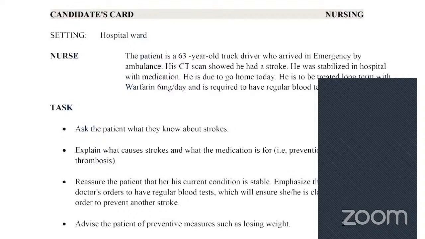So you're talking to a patient. Okay. How old is the patient? He is 63 years old.